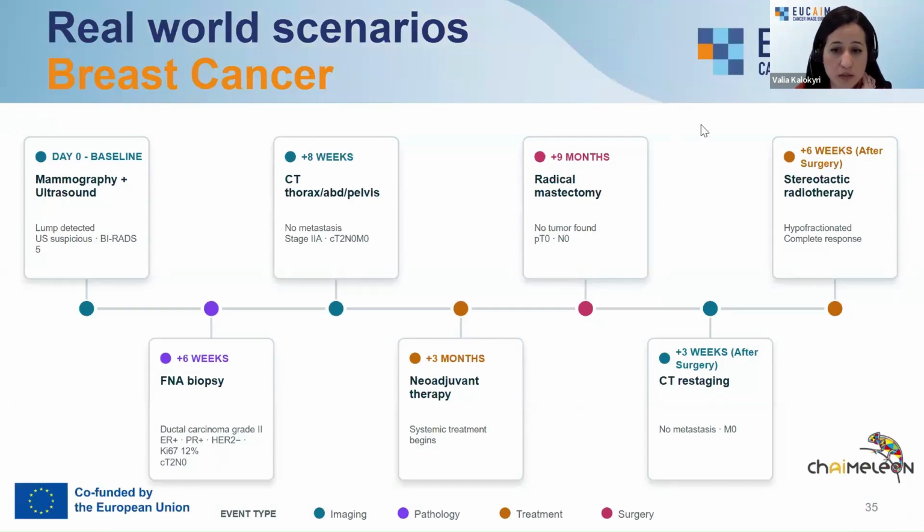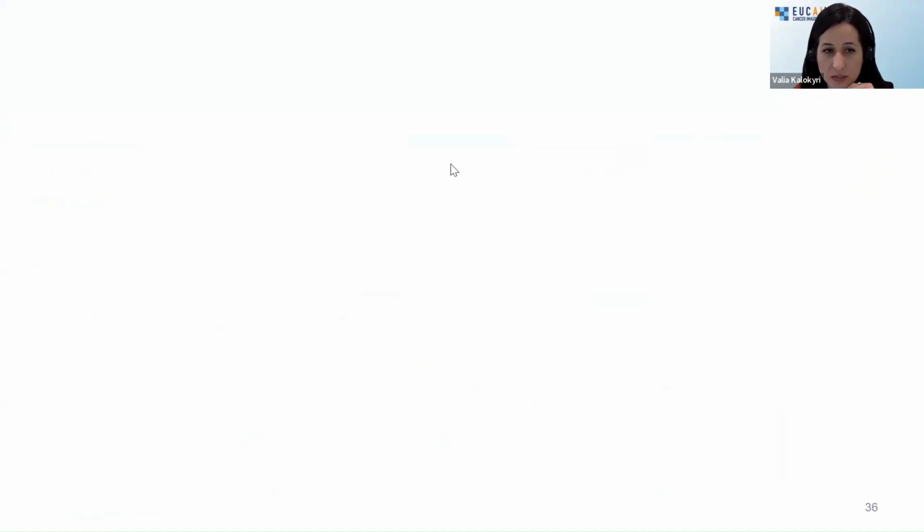I want to follow with the breast cancer. I will actually not stay here long. Similarly, we have a path for the breast: mammographies, biopsies, CTs, neoadjuvant therapy, mastectomies. Again, see here the times, again, we don't know when things happen. We just have a relevance and an offset between events.